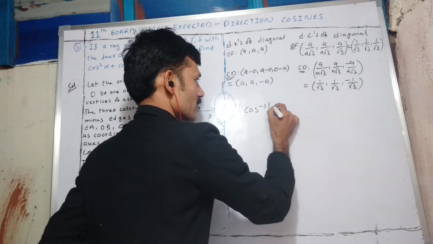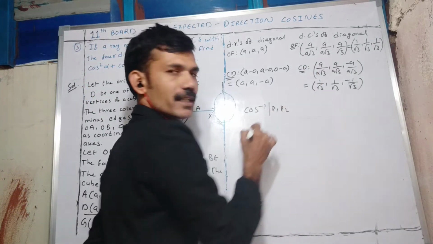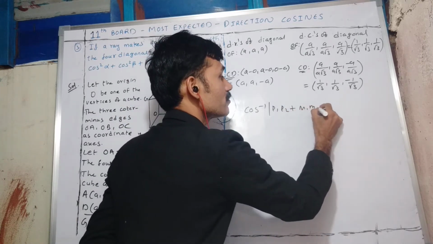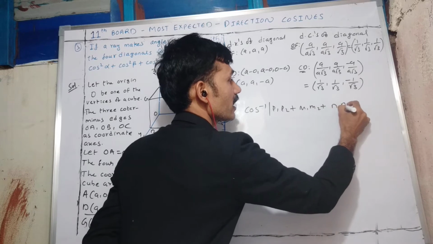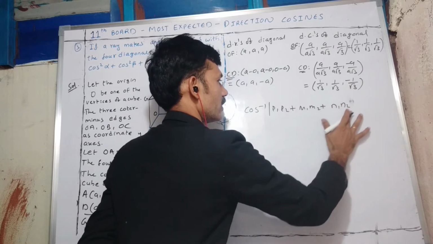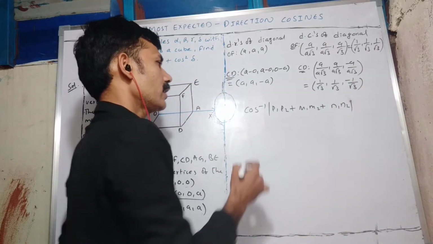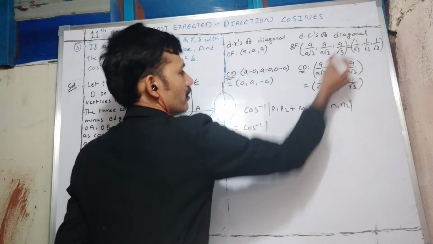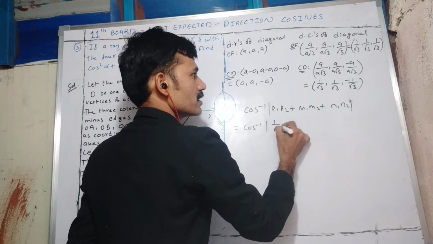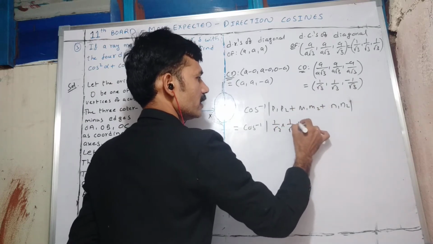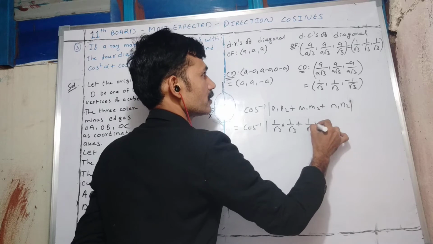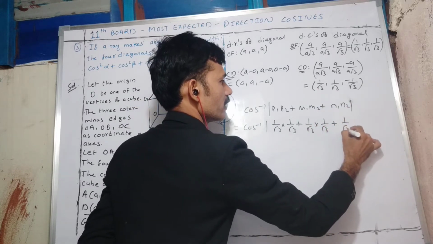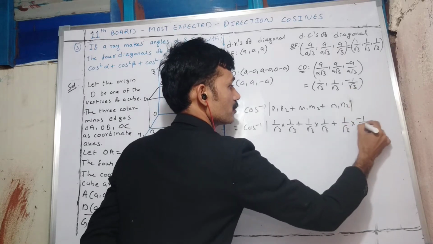When direction cosines are known, the angle is cos inverse of the modulus of l1 l2 plus m1 m2 plus n1 n2. Here l1 is 1 by root 3 and l2 is also 1 by root 3; m1 and m2 are the same; n1 is 1 by root 3 and n2 is minus 1 by root 3.